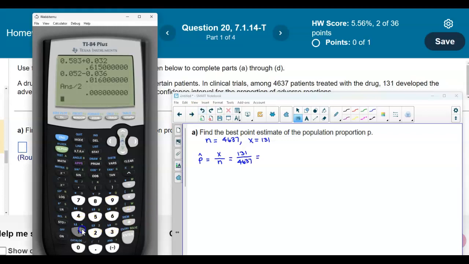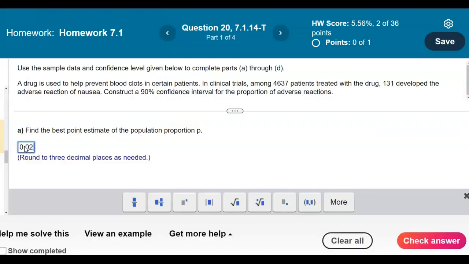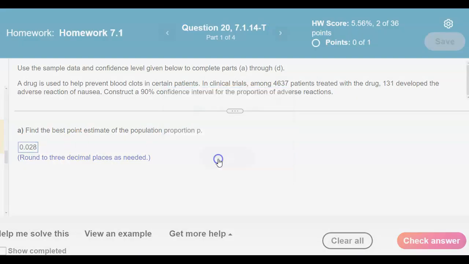Okay, let's do that. 131 divided by 4,637, and we get 0.0282, and that 2 tells us we don't need to round up. So 3 decimal places is 0.028. Let's check if our answer is correct. 0.028, and there is our point estimate.